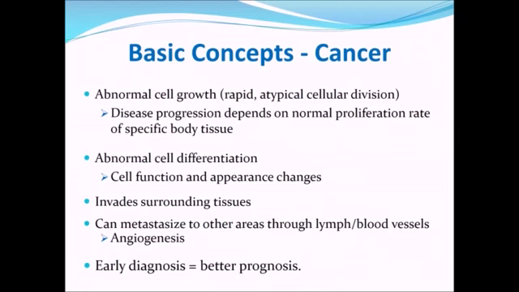There's a concept called angiogenesis, where when a tumor gets large enough, it actually can grow its own blood vessels to provide its own blood supply to the tumor. And that really causes a problem because it essentially is a feeding line for this tumor to get larger and larger. So the big concept to understand with cancer is that the earlier the diagnosis and the less progressed it is, the better the overall prognosis is going to be for the patient.